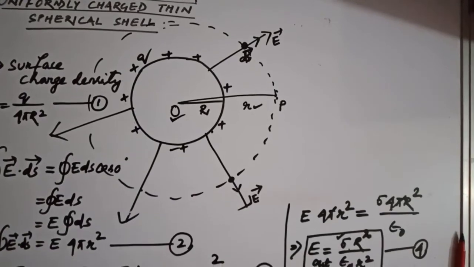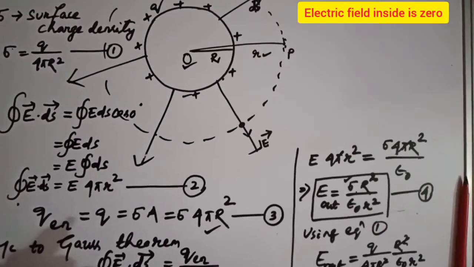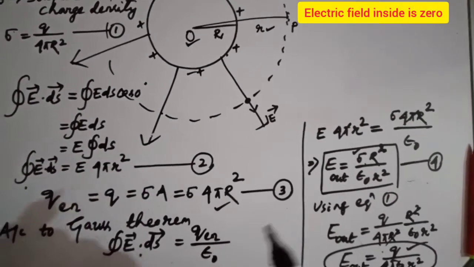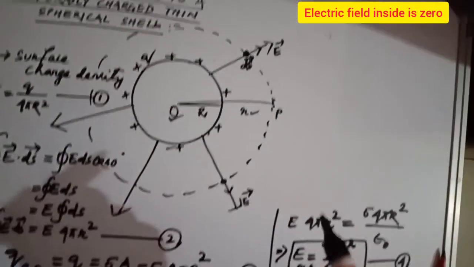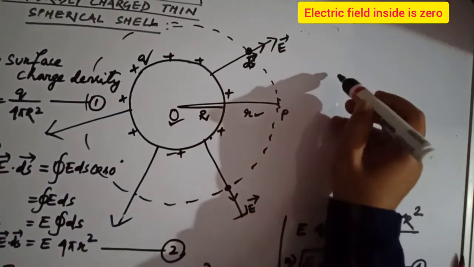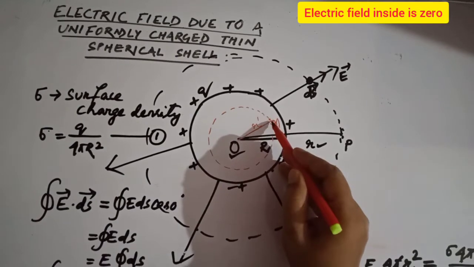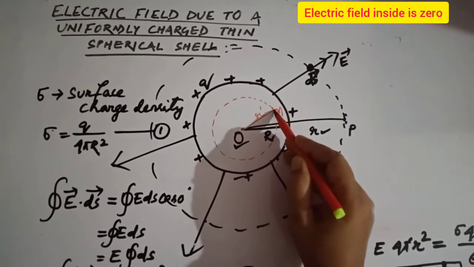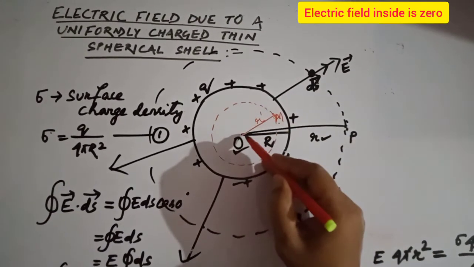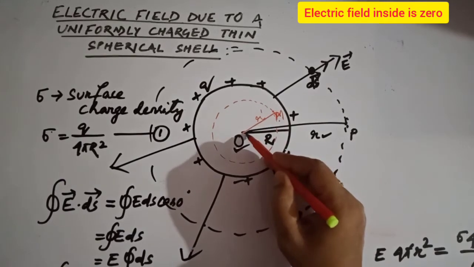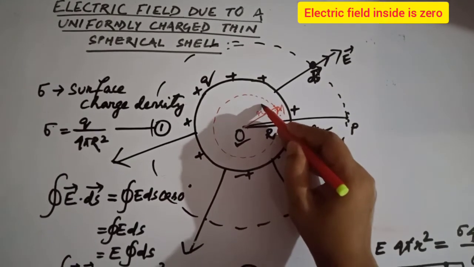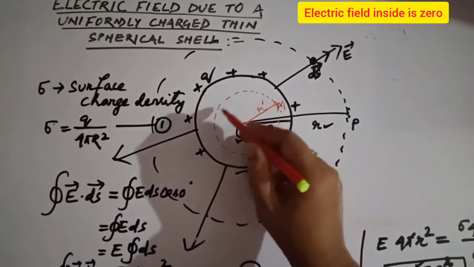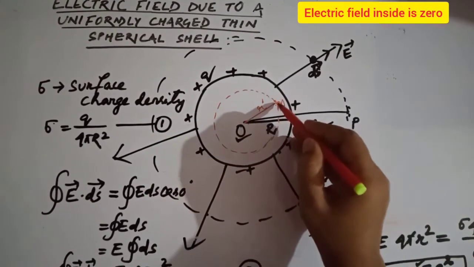Now let's find the electric field at a point inside the spherical shell, which lies inside the spherical shell, and its distance from the center of the spherical shell, let it be r dash. So you have to consider a Gaussian surface of radius r dash.